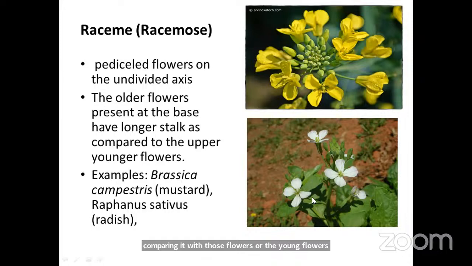Okay, so if you check the flowers of the radish plant here in the slide, it proves that the older flowers located at the base have longer stalks compared with the younger flowers at the upper part. So we call this racemose inflorescence or raceme.